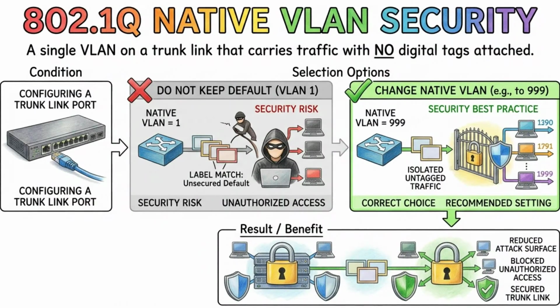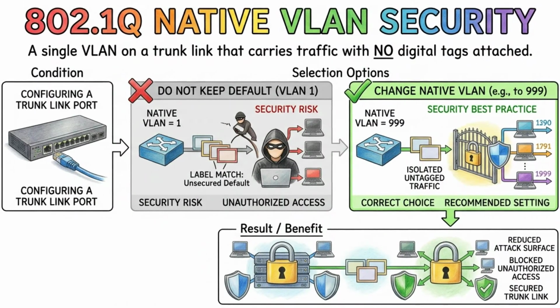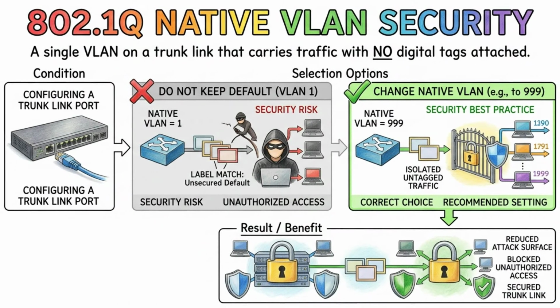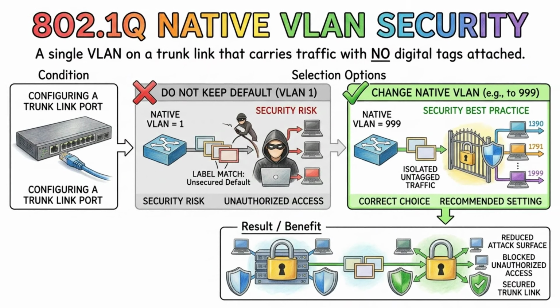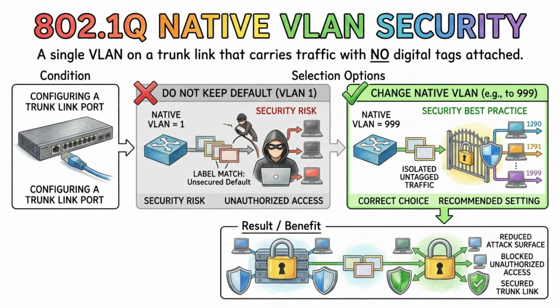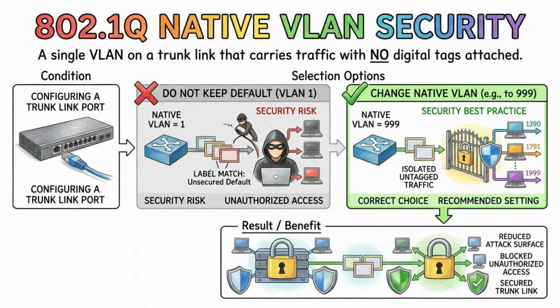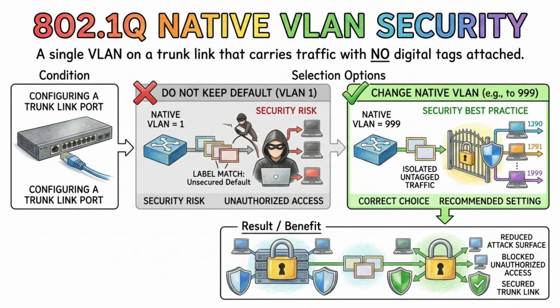An important nuance of the 802.1Q standard that frequently appears on certification exams is the concept of the native VLAN. By default, trunk ports are configured to send one specific VLAN across the link without attaching any digital tag at all, and this untagged traffic belongs to the native VLAN.